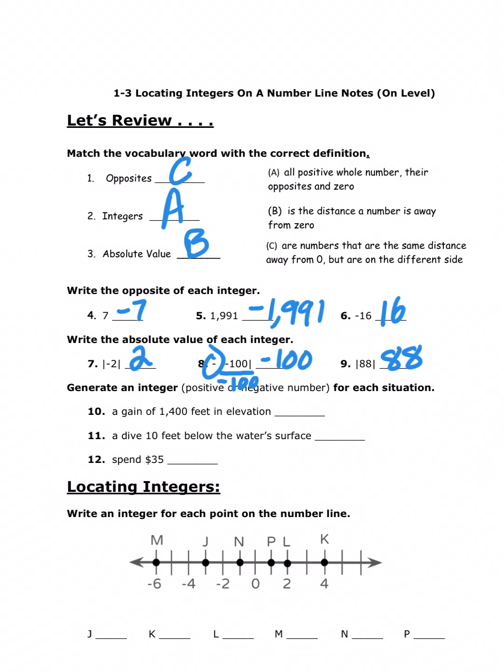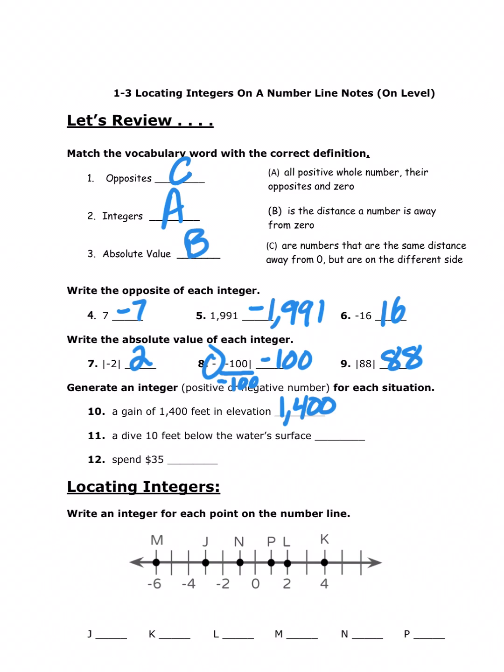Now it wants us to write an integer, positive or negative number, for each situation. So if we are doing a gain of 1,400 feet in elevation, we are climbing up a mountain, let's say, we are including this as a positive number. It is a gain.